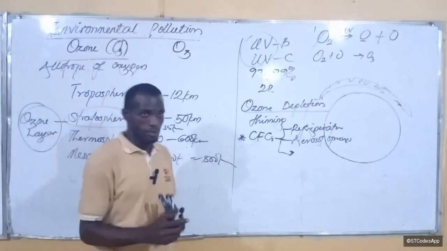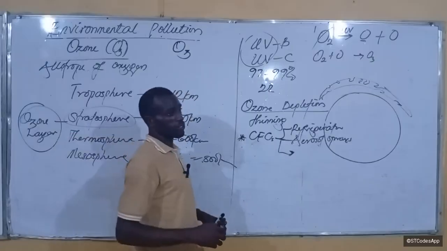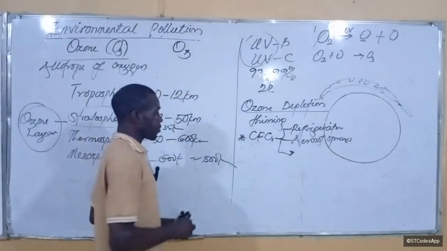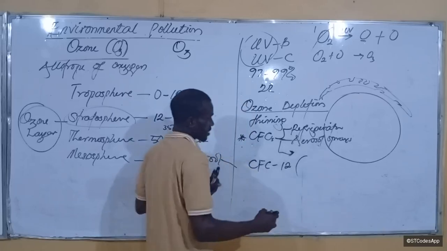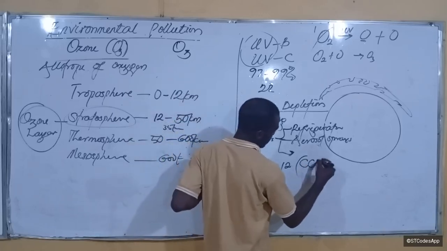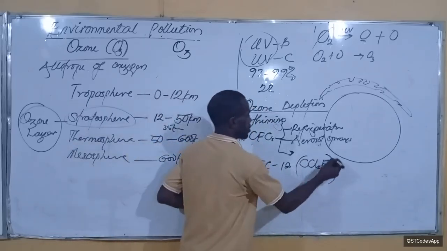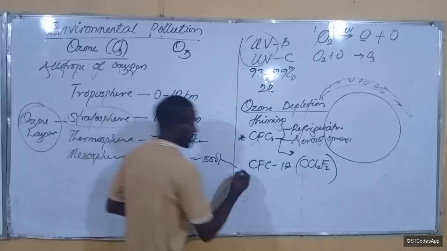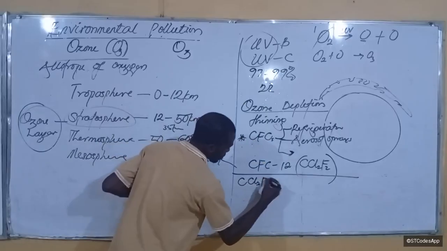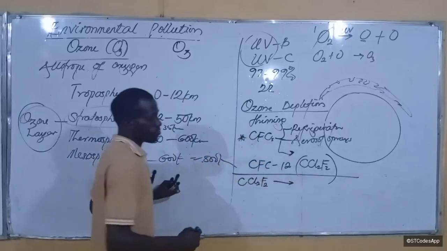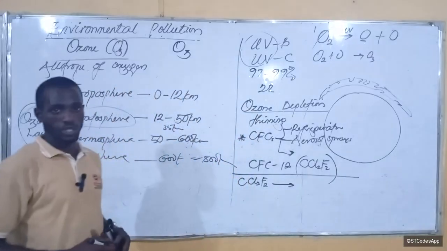They cause ozone depletion. Let me show you the chemical reaction of how it occurs. So we have CFCs, chlorofluorocarbons. I'm going to use a typical one in our aerosols, which we call CFC-12. CFC-12 has the chemical formula CCl2F2. Now what happens is that this CFC-12 undergoes homolytic fission.